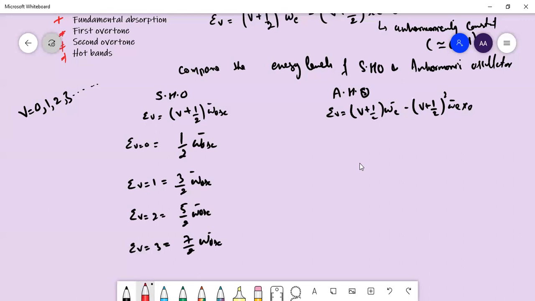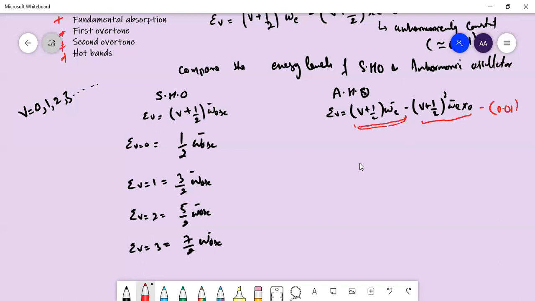Now, looking at the energy equation for the anharmonic oscillator, the first term is very similar to the energy of the simple harmonic oscillator. The second term is a positive number that increases as the square of the vibrational quantum number, and it is not much affected by x_e, because x_e is very small, around 0.01.